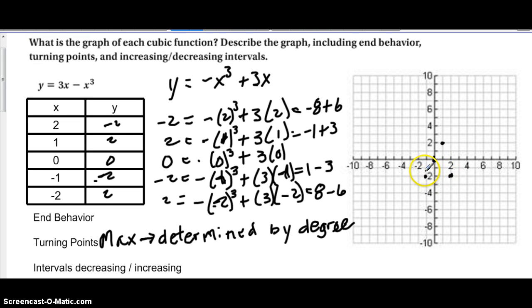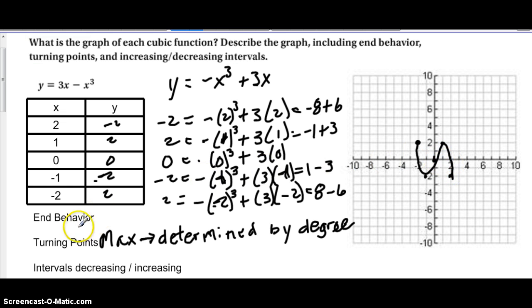And then negative 2, 2. So you can kind of see from this graph that we're going to have kind of a backwards N graph. Draw a smooth graph through all these points.